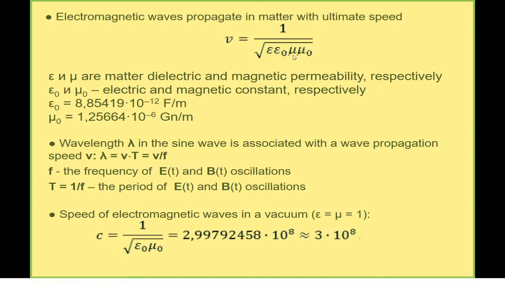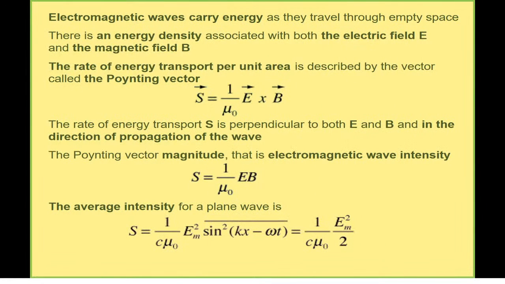This reveals that this is the maximum velocity, and in all other substances, in all other kinds of matter, the electromagnetic wave propagation is less. So, these are quantitative characteristics: wavelength, period, and frequency.